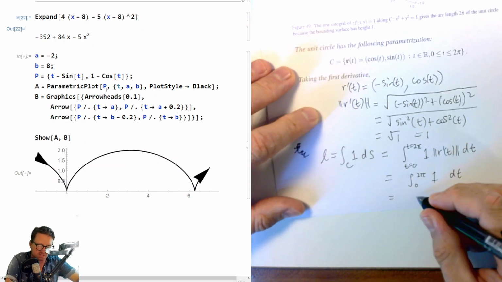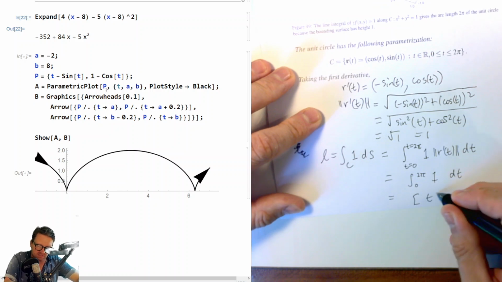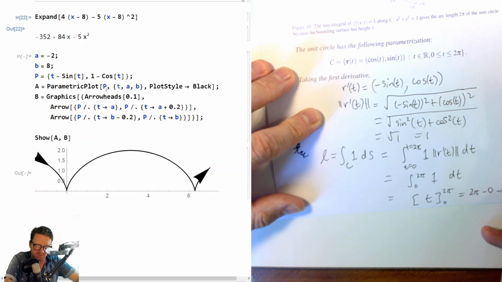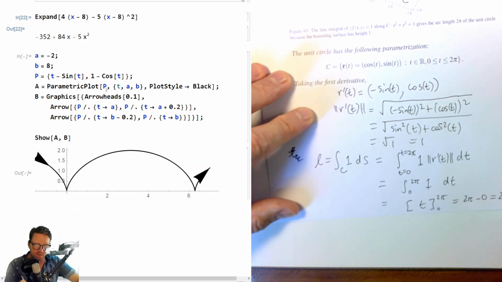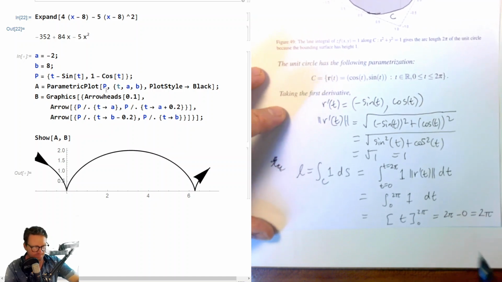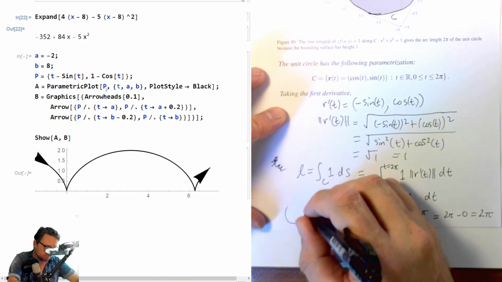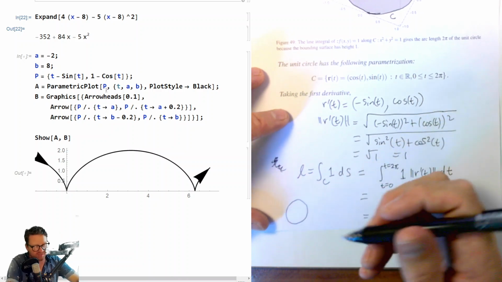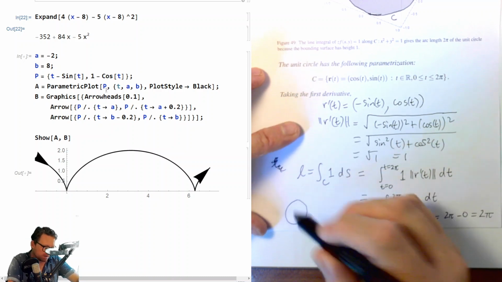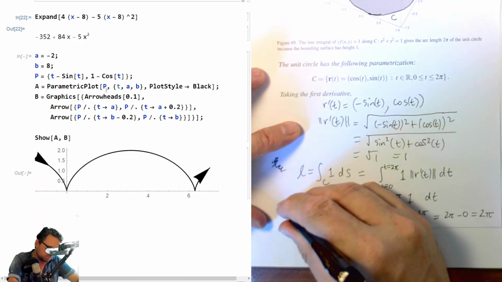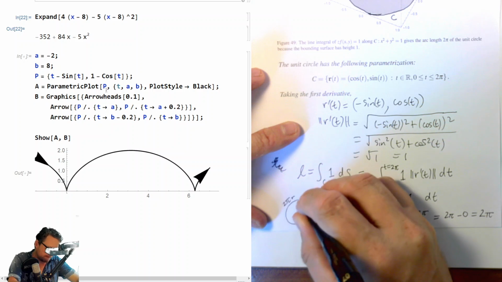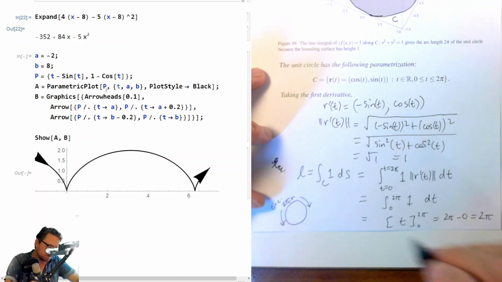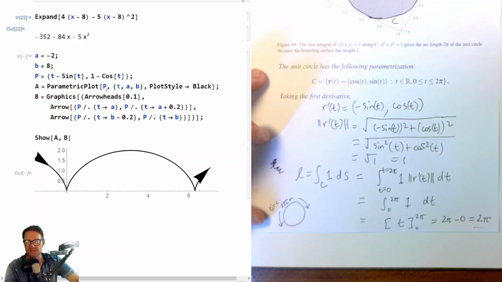Right, and this is just t from 0 to 2 pi. So 2 pi minus 0, which is 2 pi. Okay, so that gives us the arc length around the circle, or circumference of the circle of radius 1. Remember that circumference of the circle is 2 pi r, but here r is equal to 1. So this is the circumference of the circle, 2 pi in the case that the radius is equal to 1.